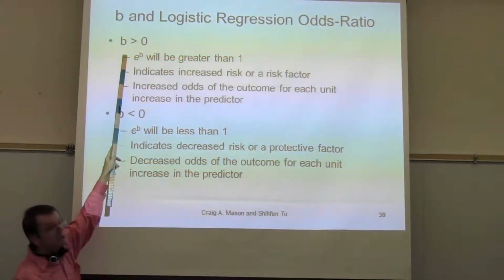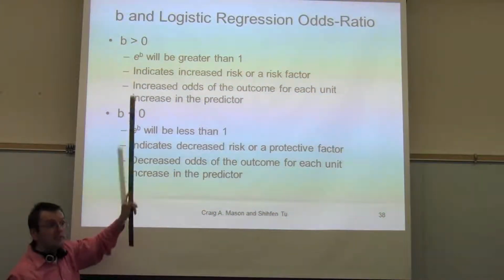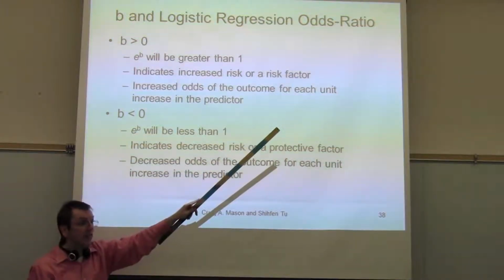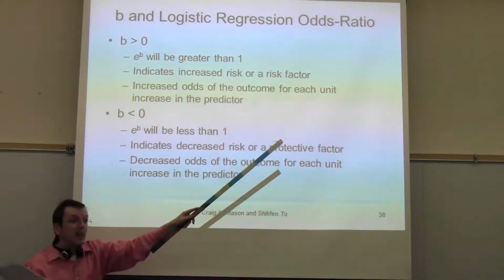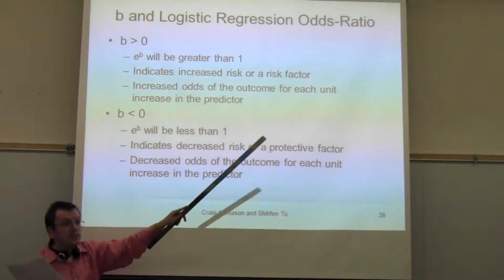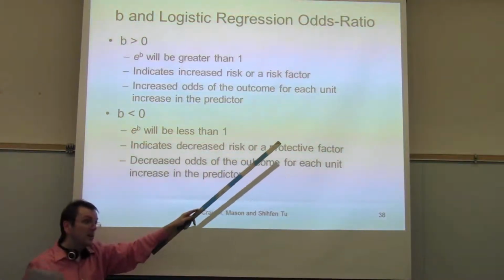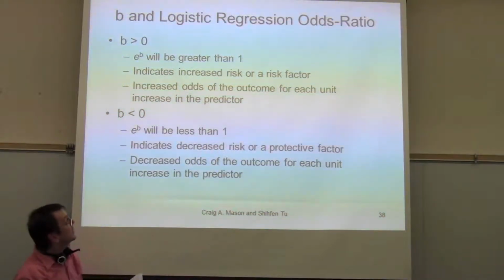So if the regression coefficient is positive, it means it's going to increase the odds of the outcome. Usually, if the outcome's a negative thing, it means it's a risk factor. It's having some effect increasing your risk of something bad happening to you, assuming that's the way we're going.